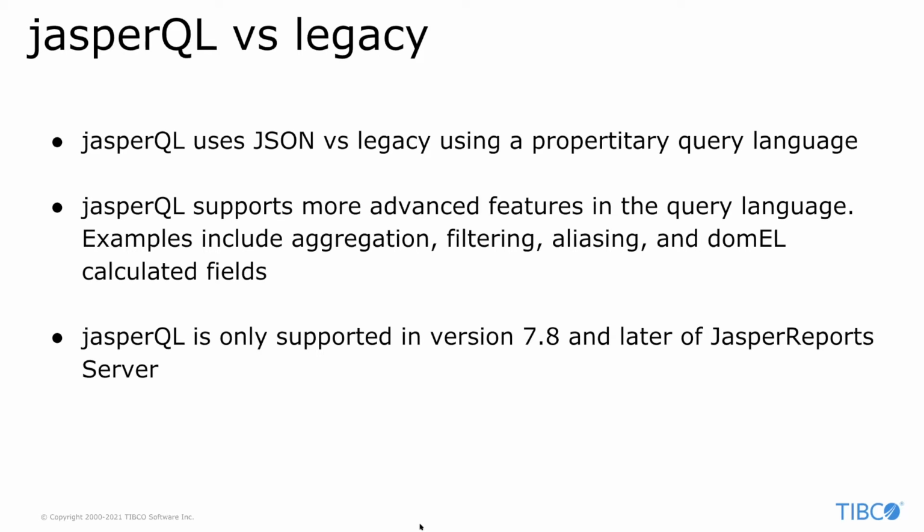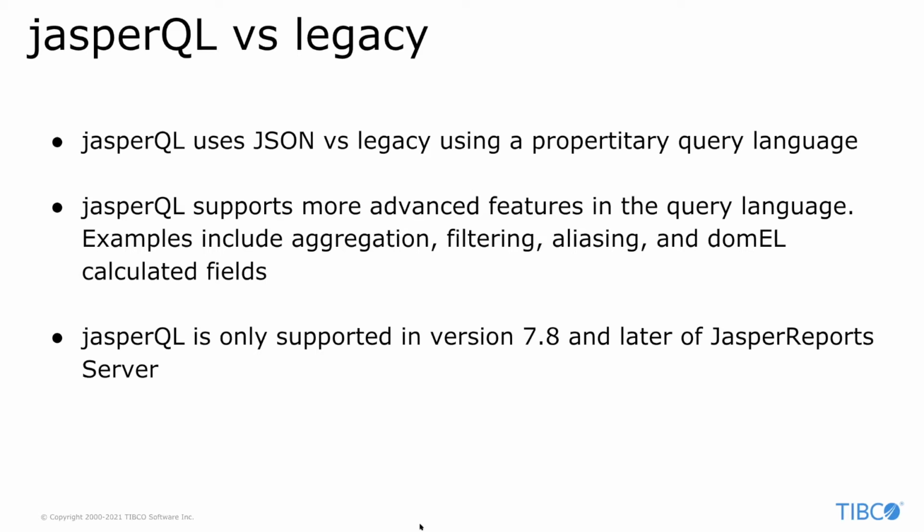JasperQL versus legacy. So we've gone over some of the differences here, so this will just be mostly a highlight or a re-review in a lot of ways. JasperQL uses JSON versus legacy is using a proprietary query language. The JasperQL route supports many more advanced features from your query dialog itself.